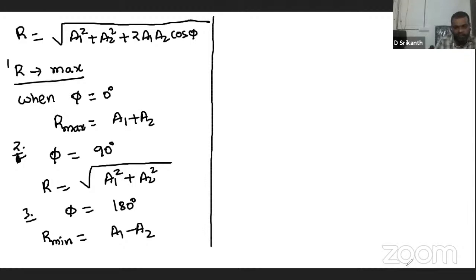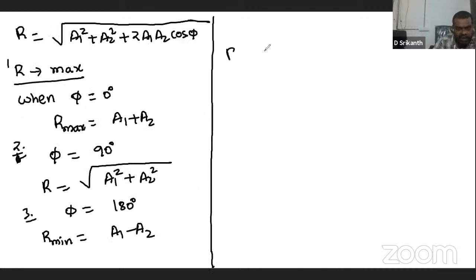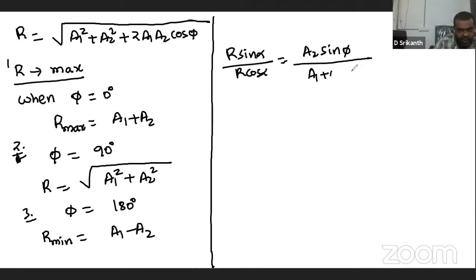Now from these I can find the r sin alpha and r cos alpha. From this I can find tan alpha, that is r sin alpha by r cos alpha. R sin alpha means a2 sin phi by a1 plus a2 cos phi.